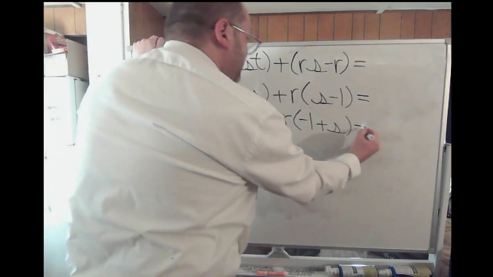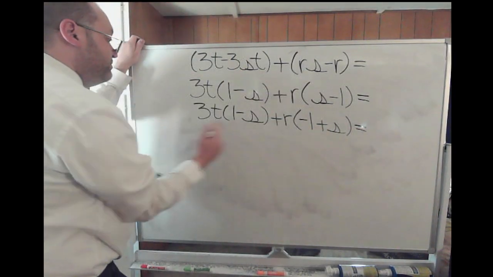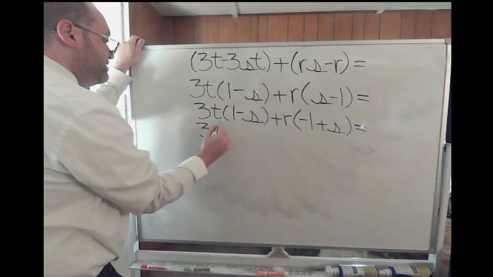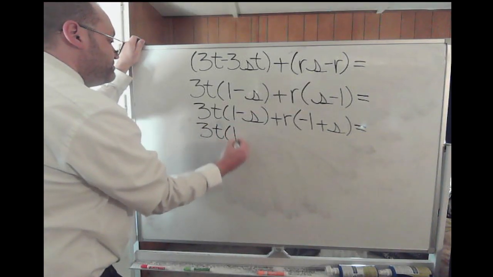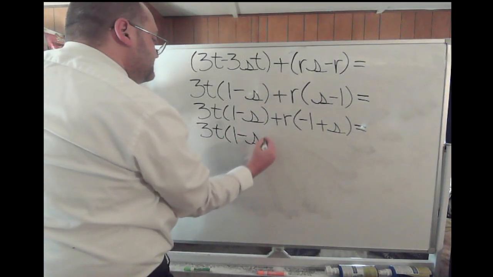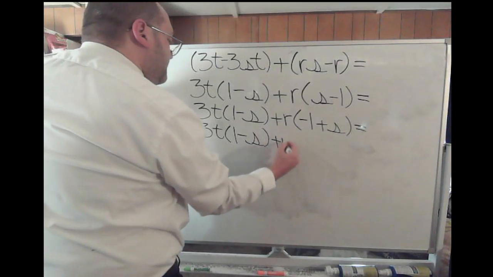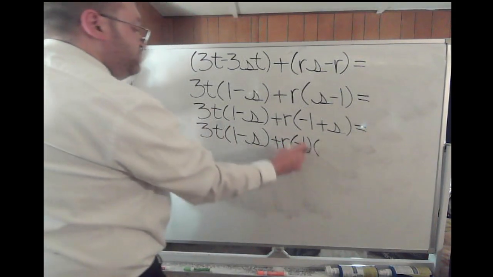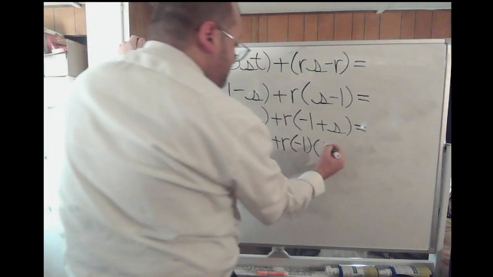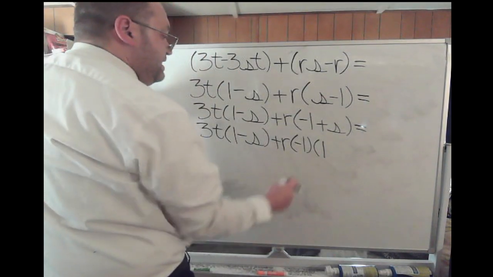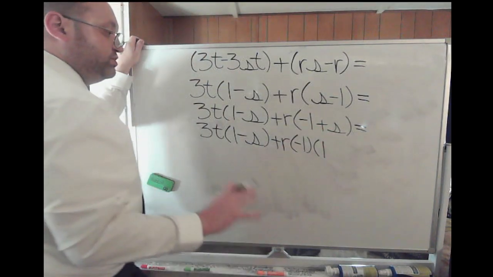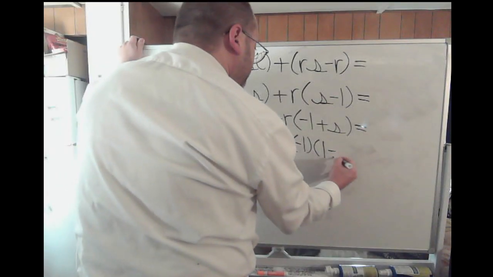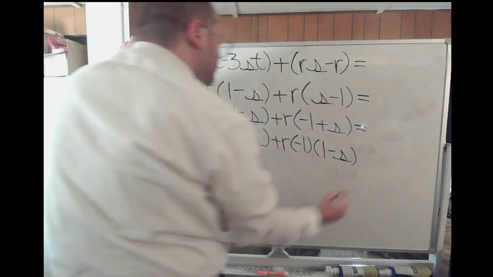We can factor out a negative 1 on the second term. So you'll take 3t times the quantity of 1 minus s plus r times that negative 1 factor. Now negative 1 times what equals negative 1? That'd be positive 1. Negative 1 times what equals positive s? Well, that'd be negative s. So you have 1 minus s.